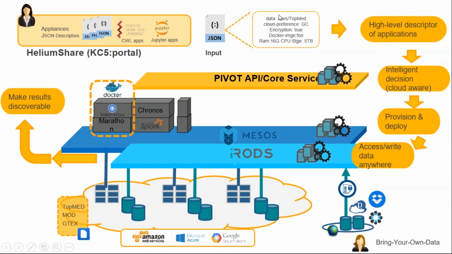Then we have data represented here on various Docker images. We have high-level descriptors of these applications. I mentioned the intelligent decision and cloud-aware capability to route compute. We will provision and deploy these resources, access, write data anywhere. Here's the middleware that's making this all possible in a virtualized system.